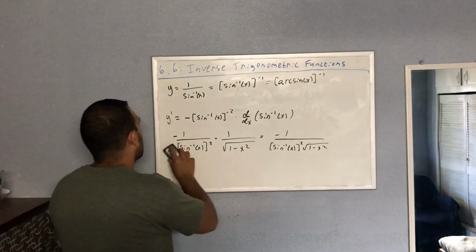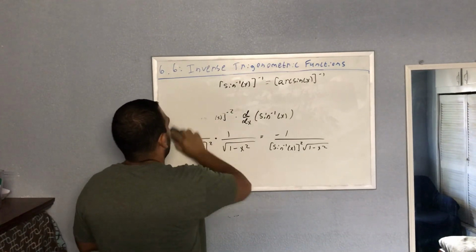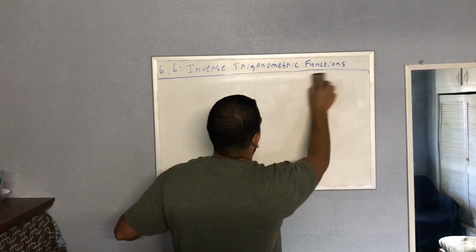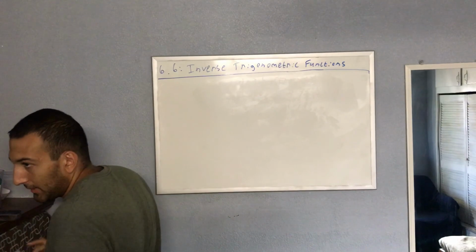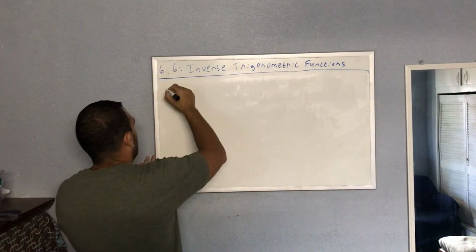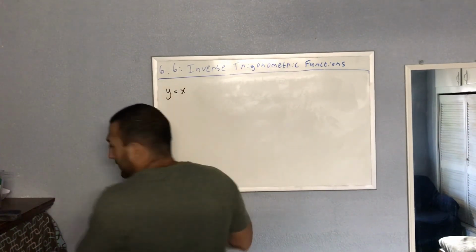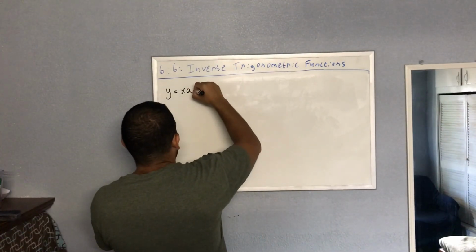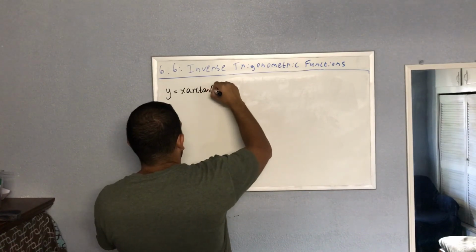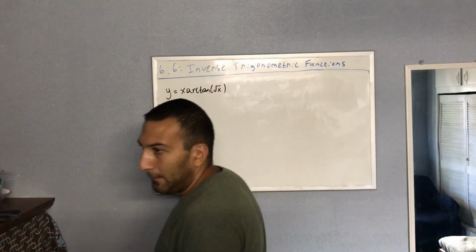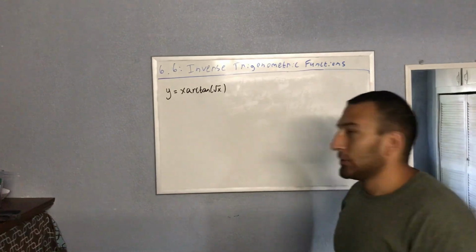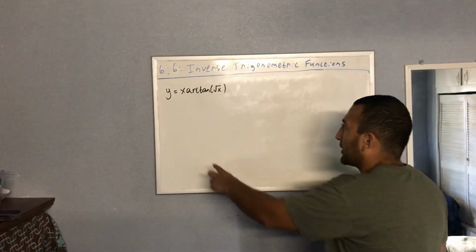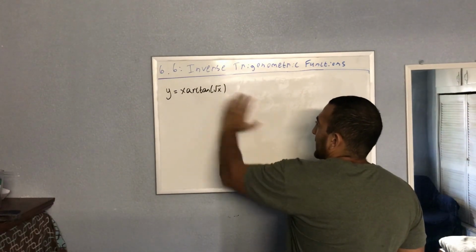Okay, and then let's do one more example. Let's say y is x tangent inverse, or arctan, root x. Okay. So now here, the first step is to use the product rule because we have a product of two functions, x and arctangent.